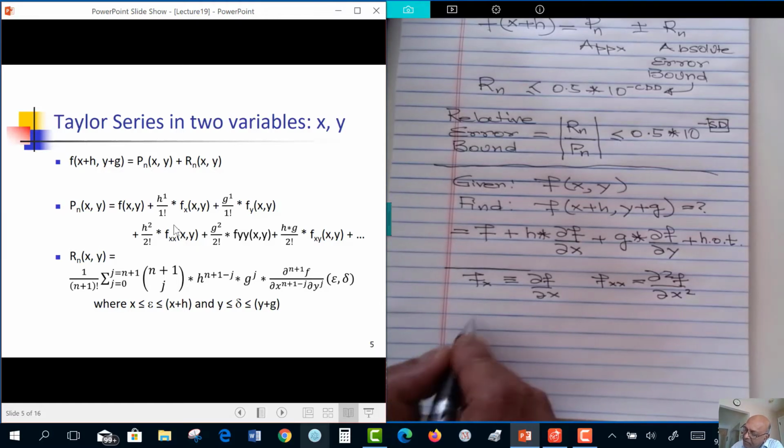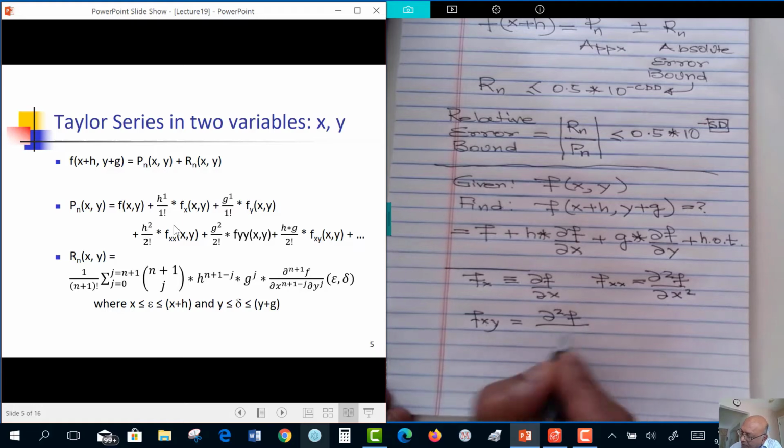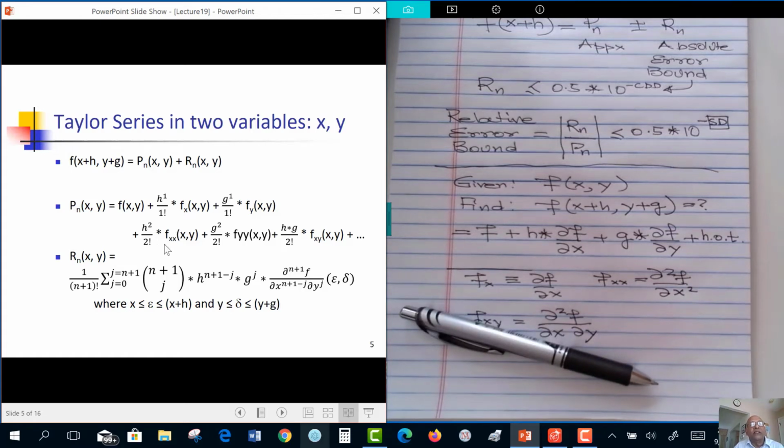If I have mixed subscripts, again two of them, I'm taking the second derivative with respect to x and with respect to y. So this is what these terms mean here. Took me a lot of time to type them in. And this is our remainder term.